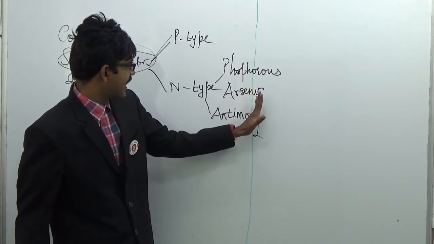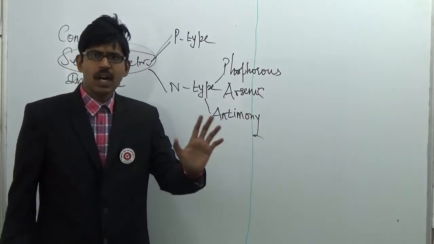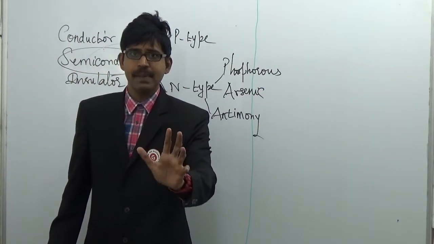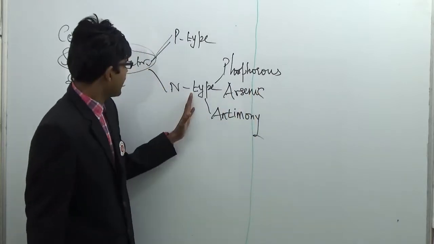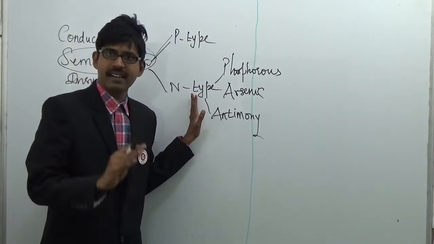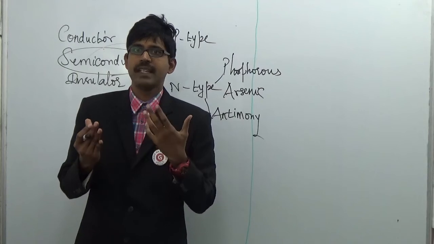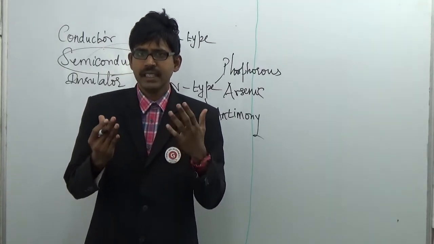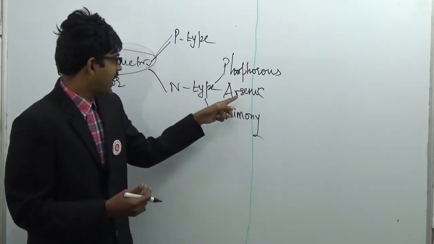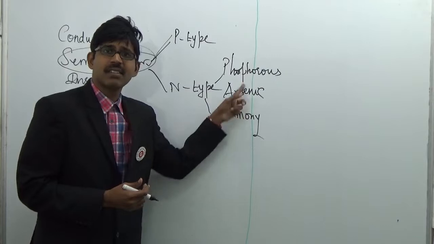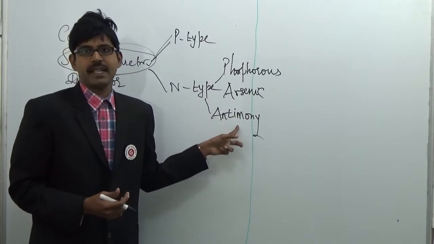So phosphorus, arsenic and antimony are very good examples for n-type impurity. If you want a semiconductor to be an n-type semiconductor, then you have to add any one of these three impurities to the semiconductor.